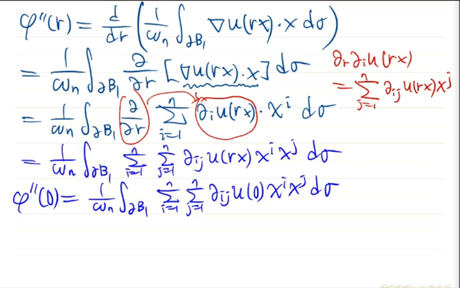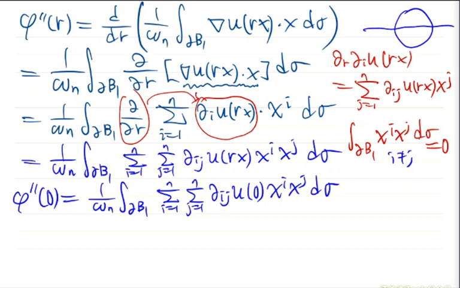Okay. Now we have an important observation. The integral over the unit sphere of x_i x_j d sigma is 0 if i is not equal to j, because the unit sphere is symmetric with respect to the plane x_i equal to 0.